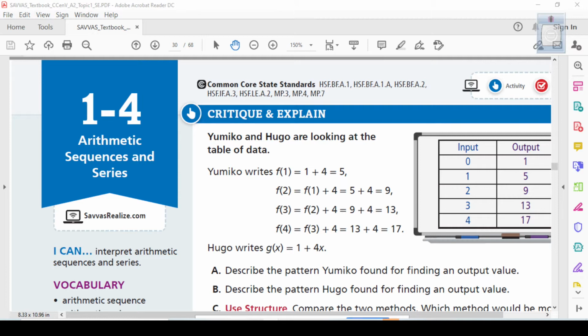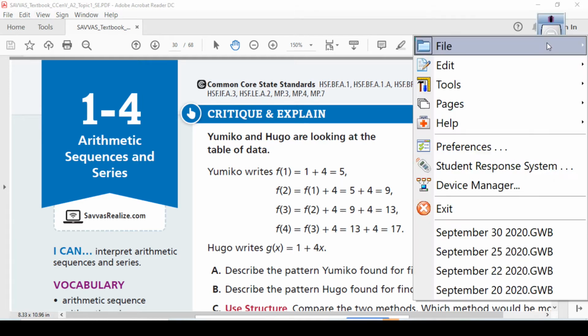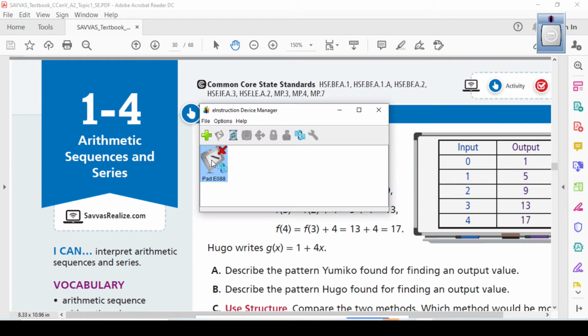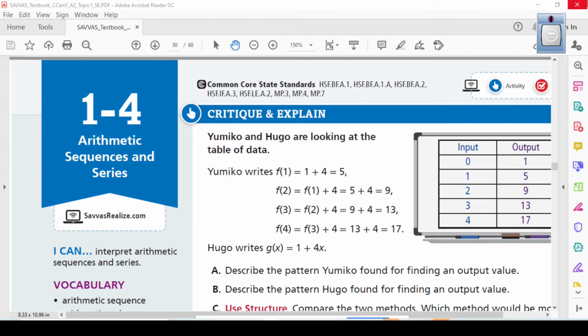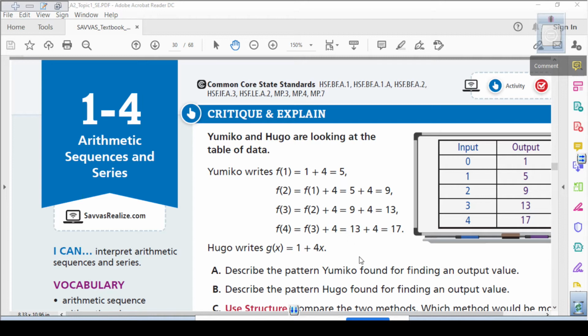This one will be targeting the sequences and series in math, specifically the arithmetic ones, not the geometric and the other series. There is much more to this than we're going to discuss today.